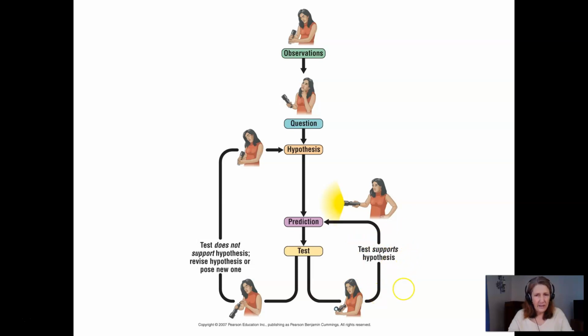Then you can test it. The test is going to support the hypothesis if the batteries were indeed dead, or perhaps her 2-year-old put oatmeal into the flashlight and that's why it didn't work. So you can always think of a new explanation if your hypothesis is not supported after your test.